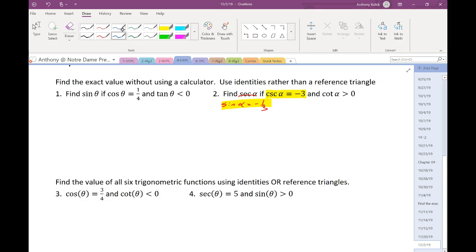Now what I'm going to look for is something that relates cotangent and either cosecant or sine together, just those 2 identities. If I look at my sheet, that would be P2. It says 1 plus cotangent squared is equal to cosecant squared.